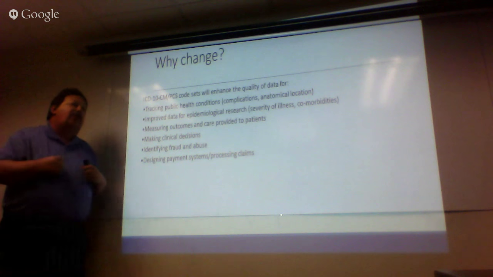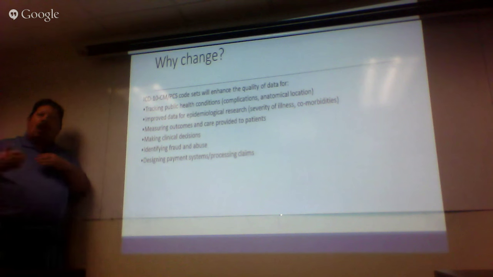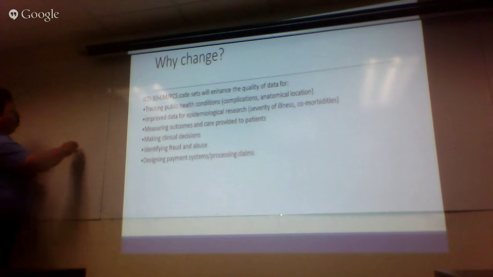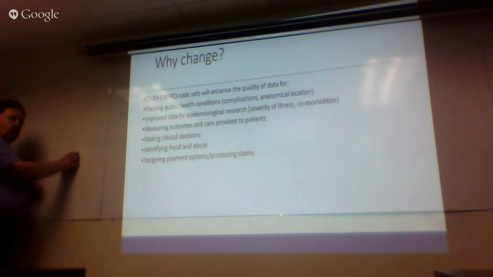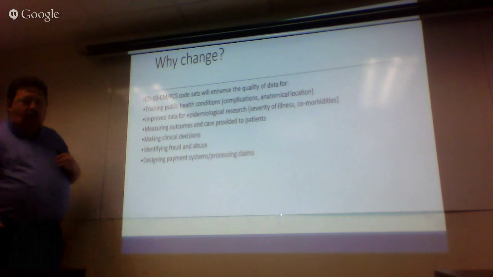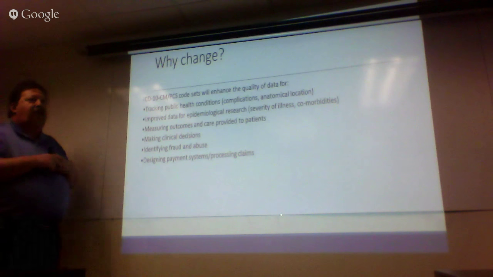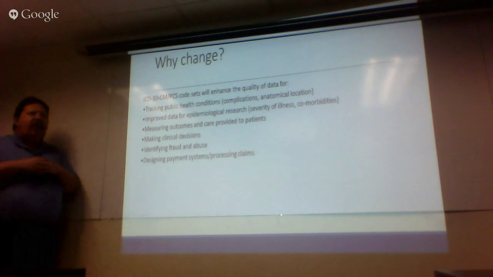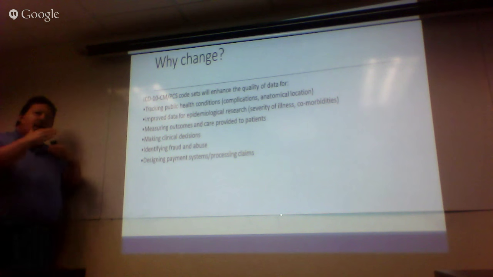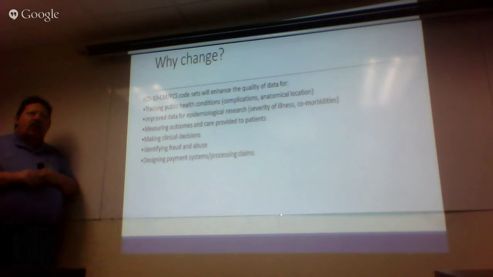If we can move forward in the future with a broader, more granular diagnosis set, you know, if we look at this whiteboard, it's pretty smooth. We don't see grains in it. But if we look at the table, we see all these grains in that wood. That's what ICD-10 is. It's granular. It allows us to dissect it down into the components and figure out exactly what this illness is.